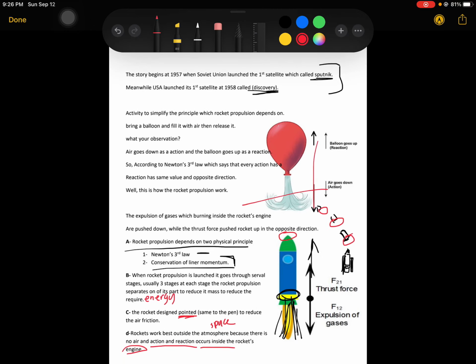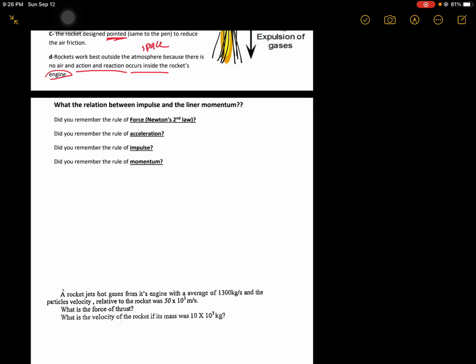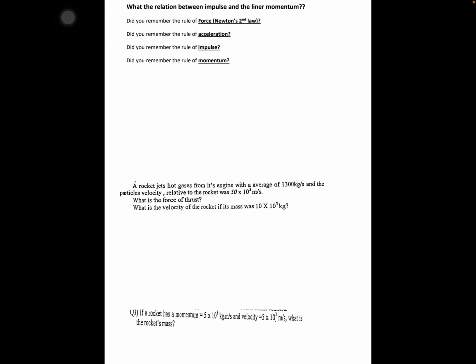Now what is the relation between the impulse and the linear momentum? Let's see.